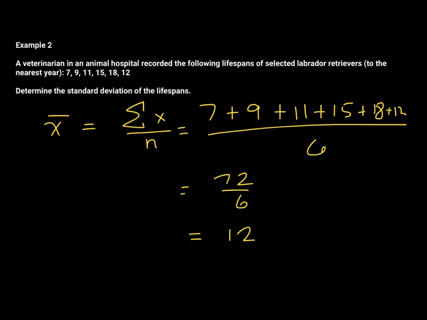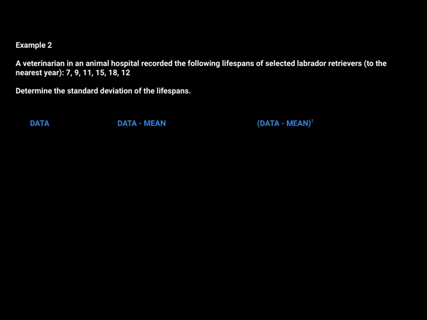The next thing we're going to do is make a table with 3 columns. We have our 3 columns: data, then the difference between the data and the mean, and then the square of that difference. Let's list all of our data here. We have all of our data.